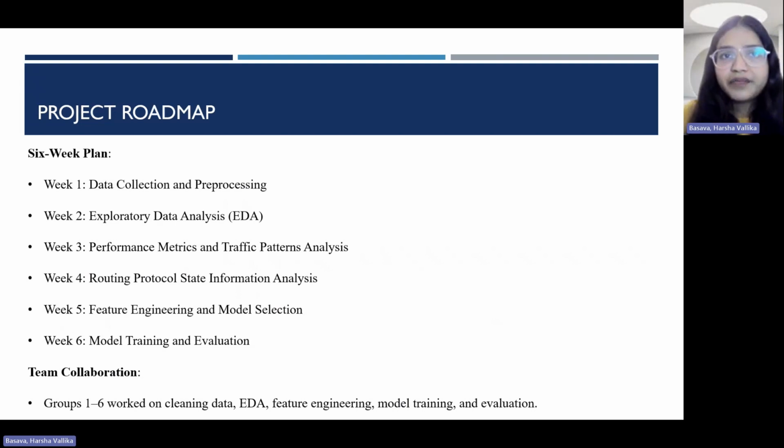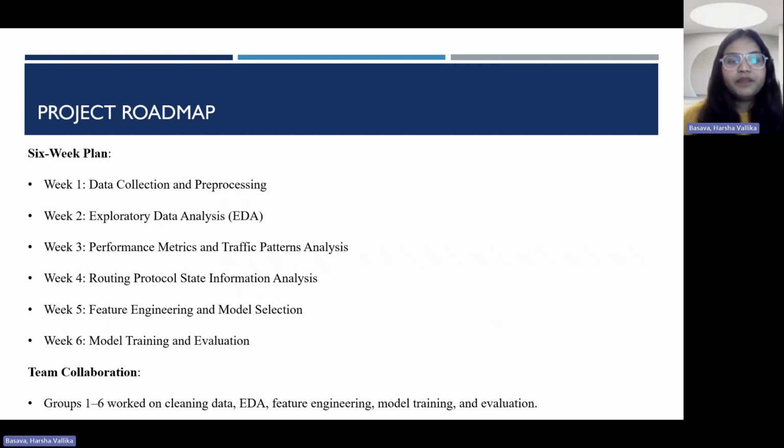Based on the data given, we went for performance metrics, considering latency, packet loss, link cost, and everything. We also analyzed the traffic pattern: at what time of the day the traffic is high, and for which application, for what type of broadcast it is high. We have done certain analysis on that as well.